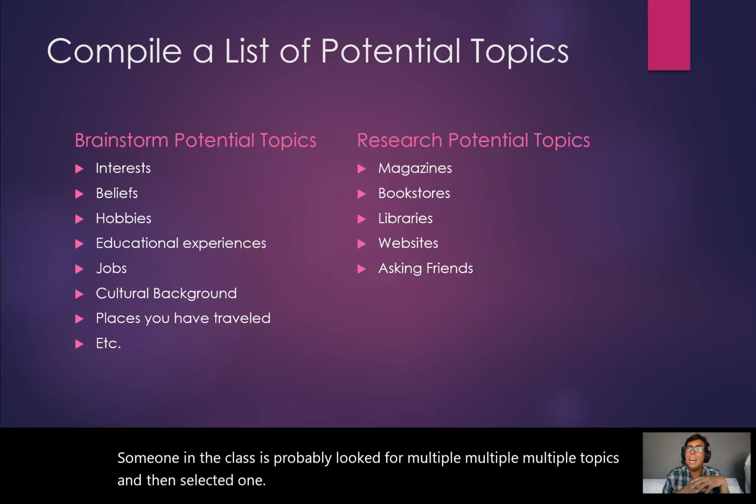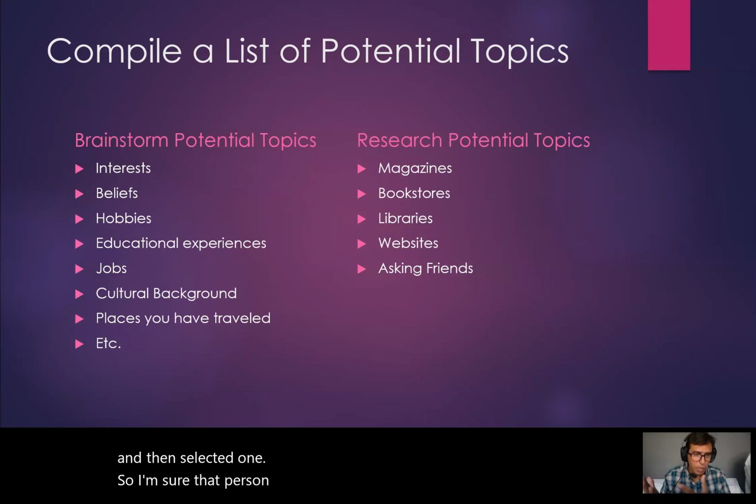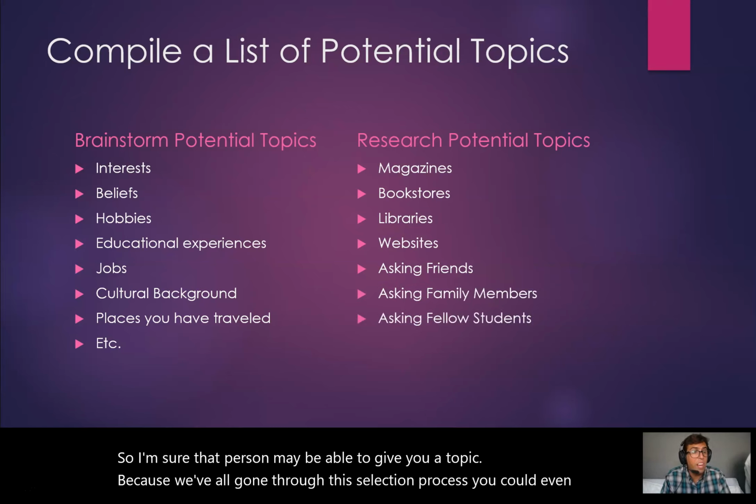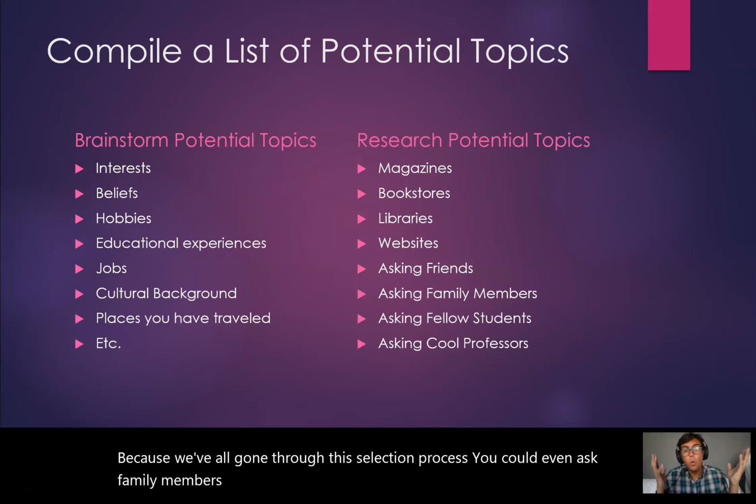So I'm sure that that person may be able to give you a topic, because we've all gone through this selection process. You could even ask family members, fellow students, and cool professors. So if you ever meet a cool professor, they may be able to tell you.